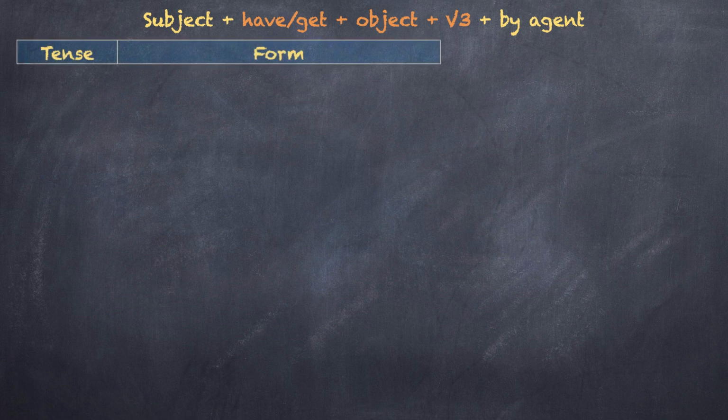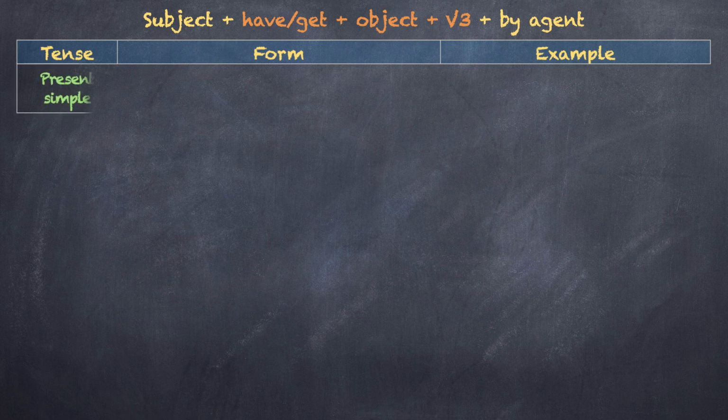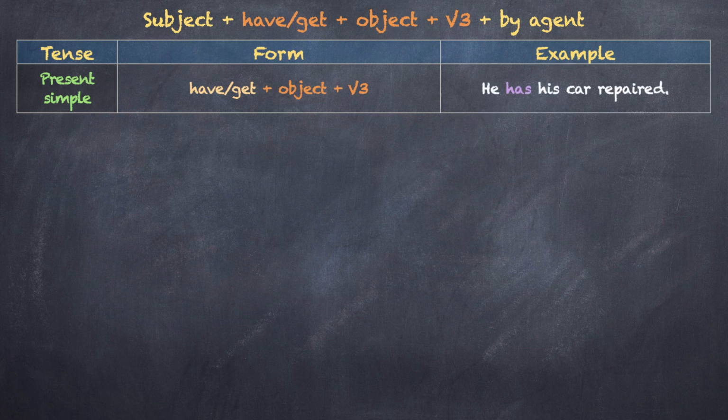And in this table here, you will be presented with a tense form and an example of the different tenses. So we have the present simple, it is have or get with the object, then the verb 3, and the example will be he has his car repaired.